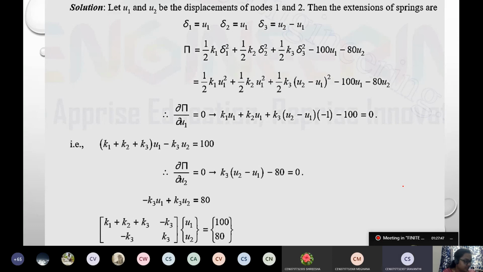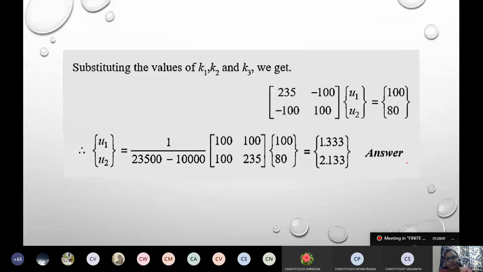Who's that? Nitin. Yes, Nitin, give the answer. 2.13. Right, very good. Thank you. See, substituting the values of K1, K2 and K3, this is the solution you get. U1 is 1.333, U2 is 2.133. You have to get these answers.